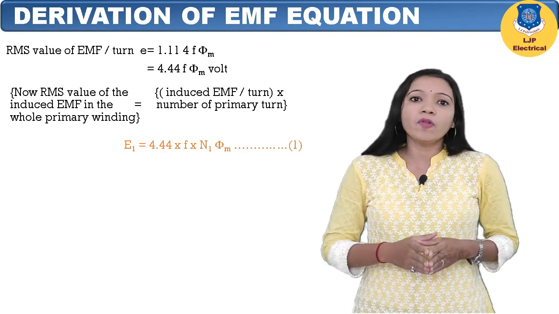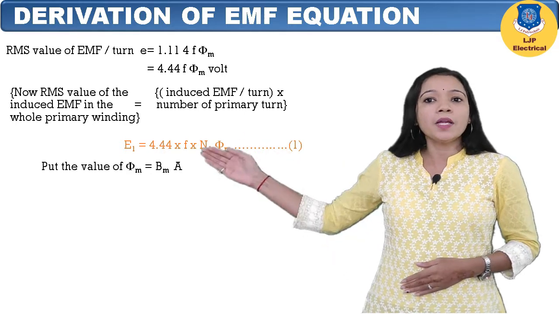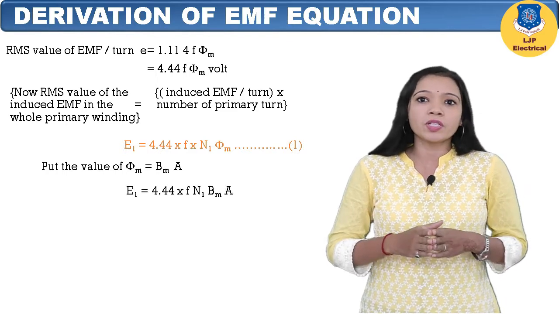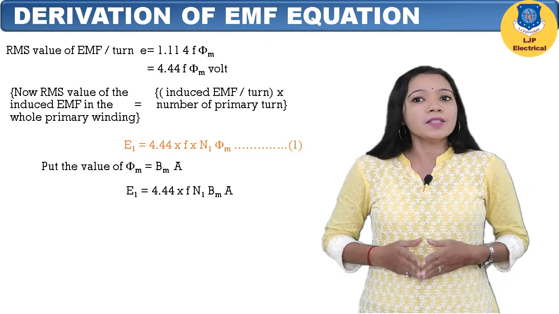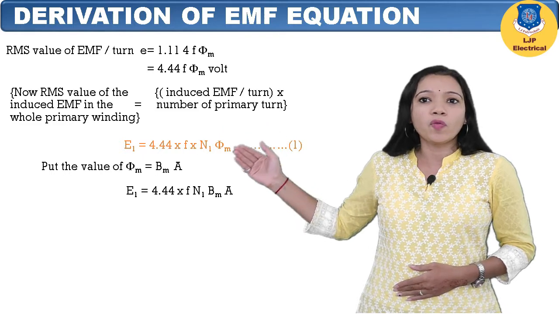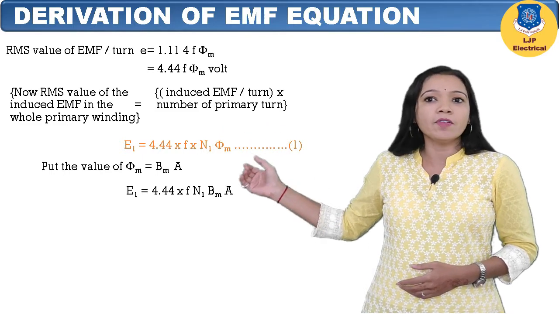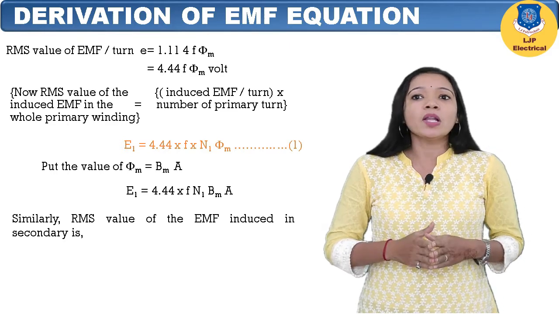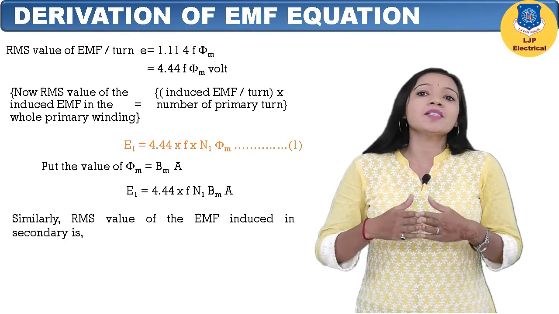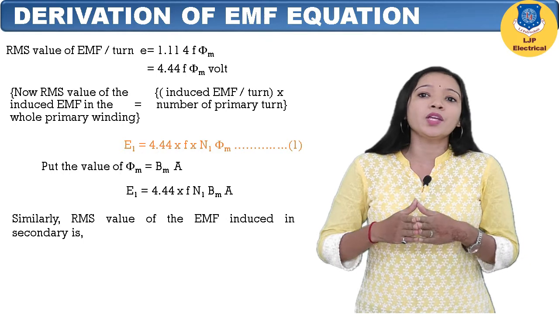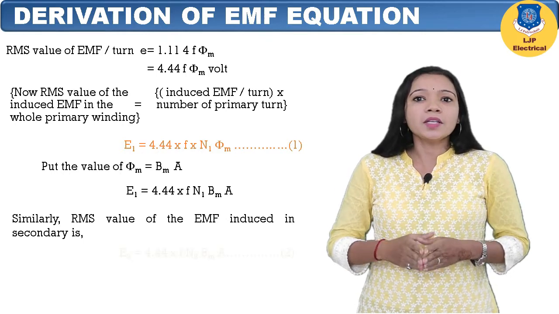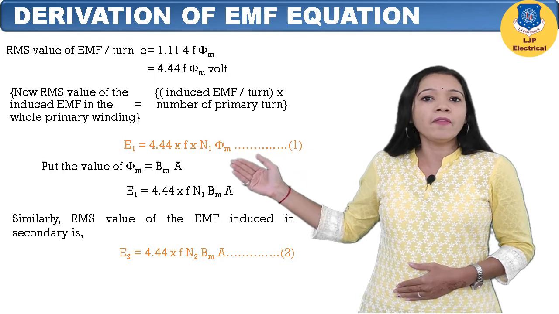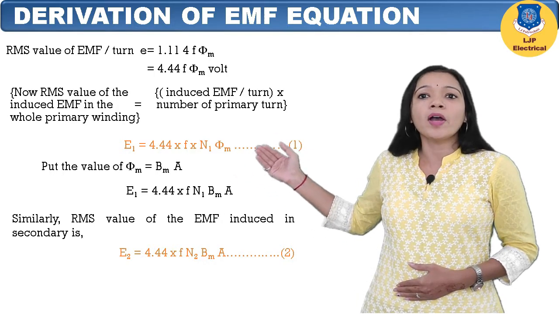So we know that phi m is equal to Bm into A. So putting the value of phi m in the equation, E1 is equal to 4.44 multiplied by f N1 Bm into A. Similarly, RMS value of the EMF induced in secondary winding is given by the equation E2 is equal to 4.44 multiplied by f N2 into phi m.